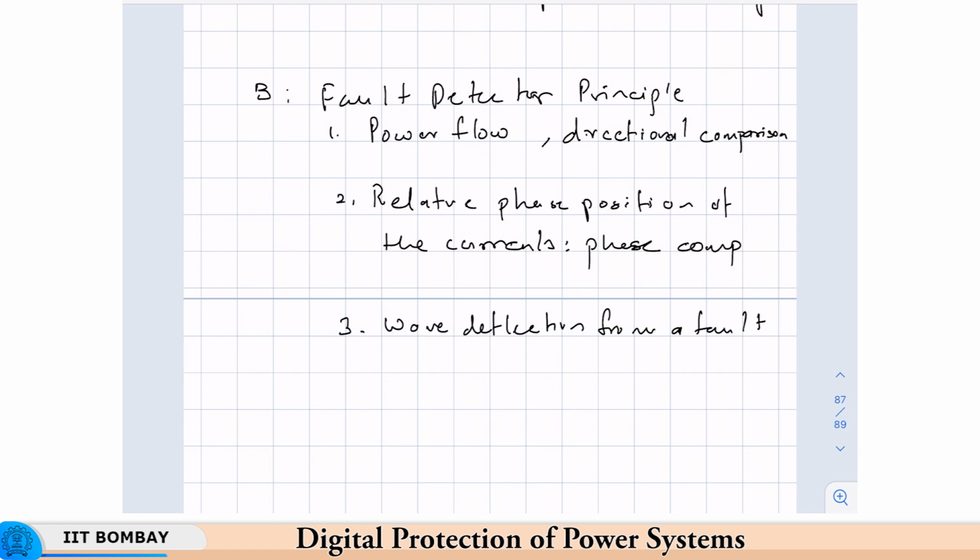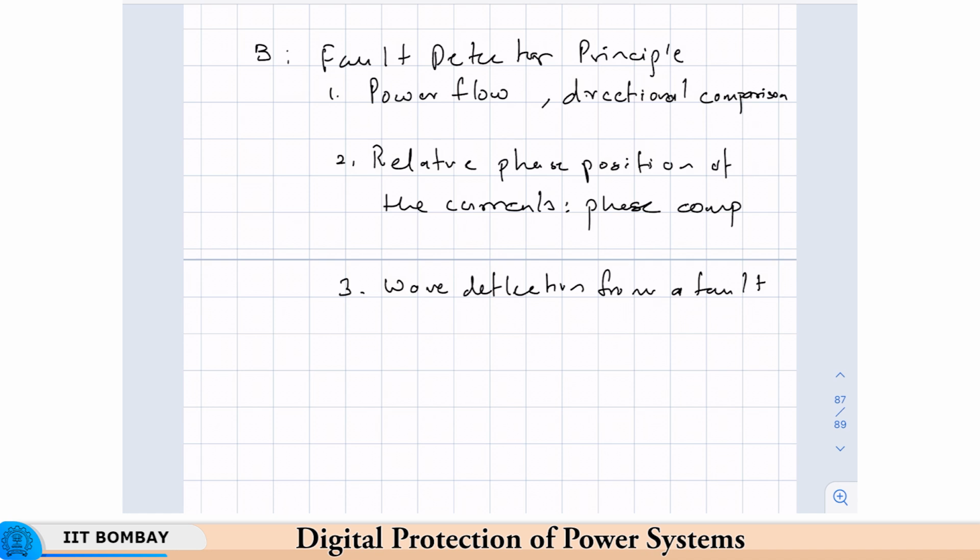We may not discuss this in this course. If there is a little bit of time available, maybe we will just have a short lecture on this wave deflection. But otherwise, this is very special because it requires knowledge of transients, etc.